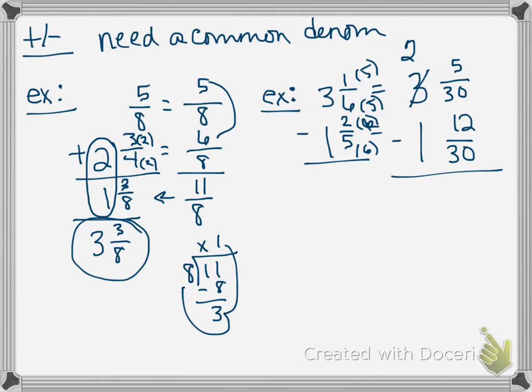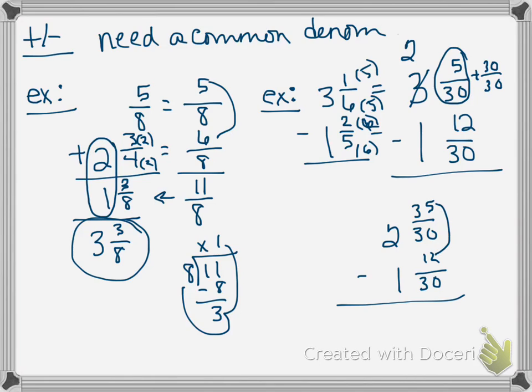It becomes a 2. Now remember, when we're borrowing a whole, it has the same value in the numerator and the denominator. In this case, our denominator is 30. So we are adding 30/30. Most of you know the trick of just adding our numerator and our denominator. So now I have 2 35/30 minus 1 12/30.